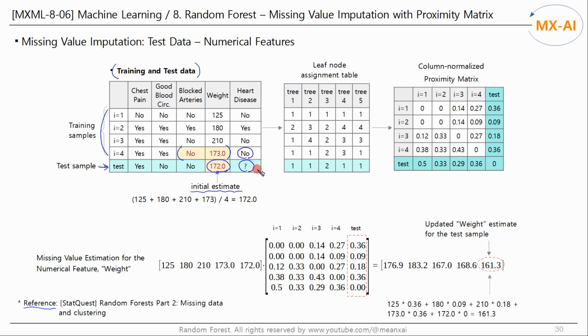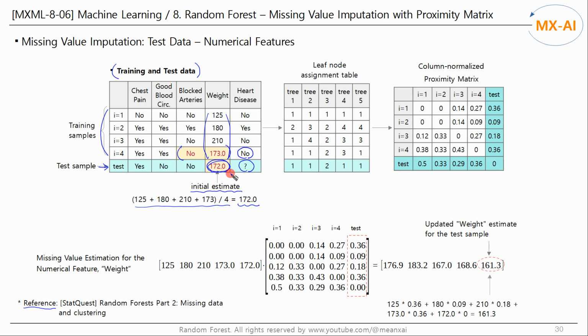Therefore, we cannot use target labels when obtaining the initial estimate. Instead, for numerical features, we use the overall mean or median of that feature across all training samples. In this example, the overall mean of the training samples is 172.0. So we use that value as the initial estimate for the missing value in the test sample.